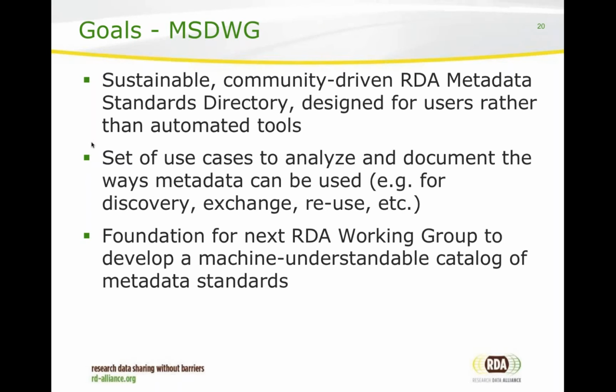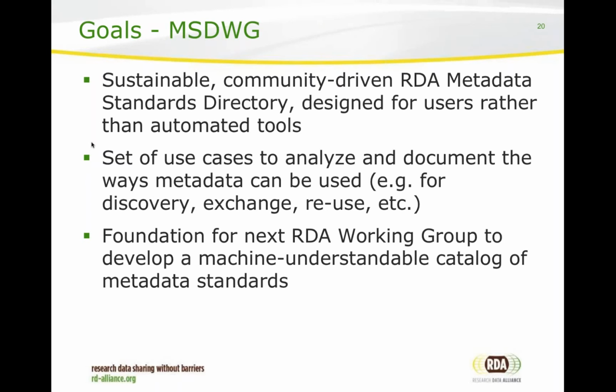There have been at least 15 new standards added to what was previously there, and many corrections have been made and additions. If there were new tools that could be used with a particular standard, those have been added. So we also requested use cases for how people wanted to use a metadata standards directory.